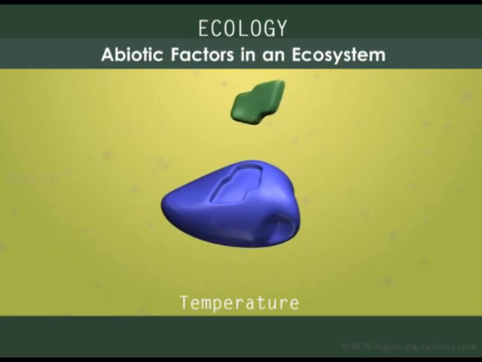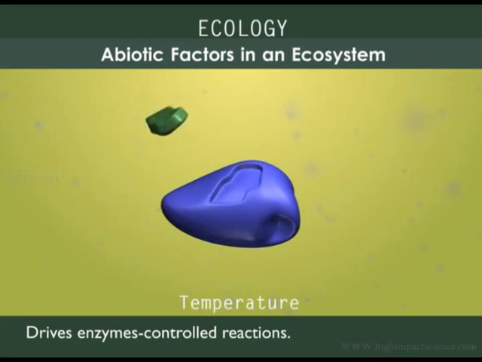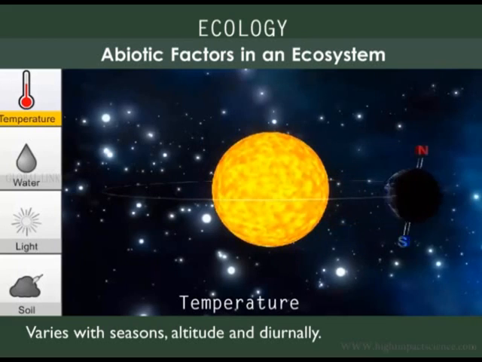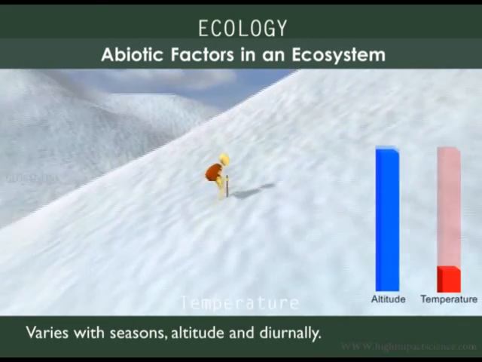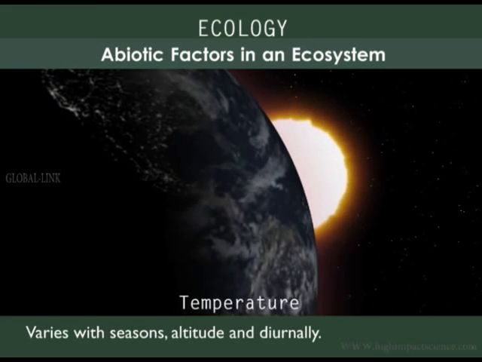All biochemical processes in living organisms are driven by enzymes, and enzymes have an optimum temperature at which they operate. Temperature varies due to seasons, altitude, and also diurnally, especially in desert areas.